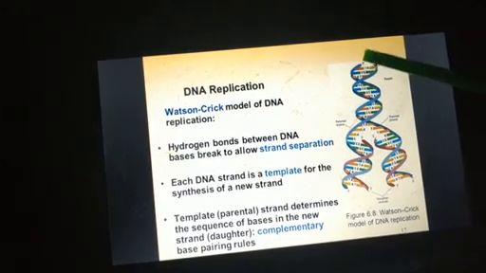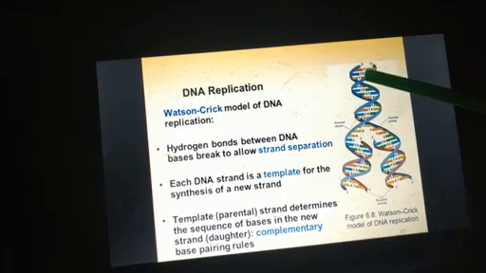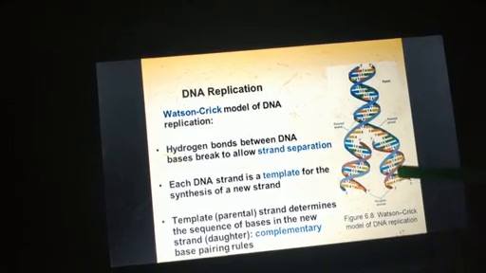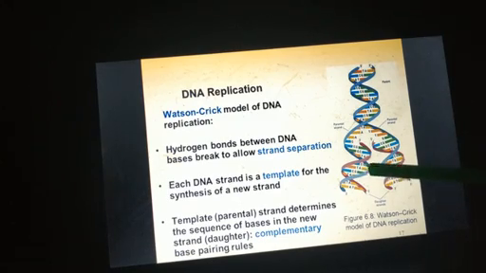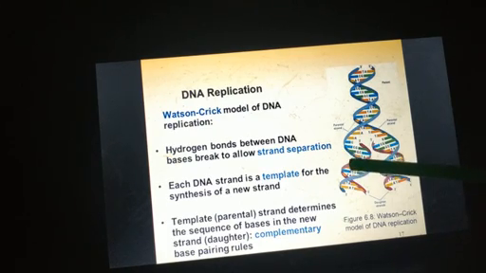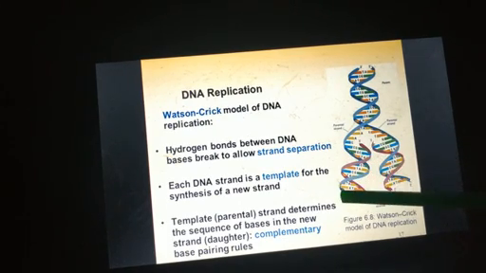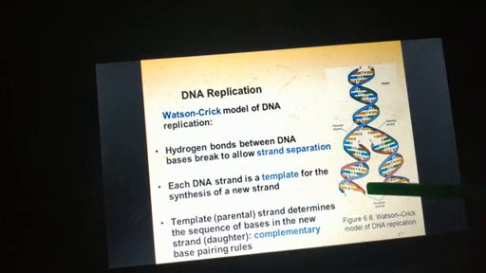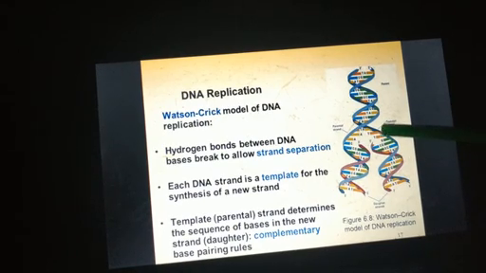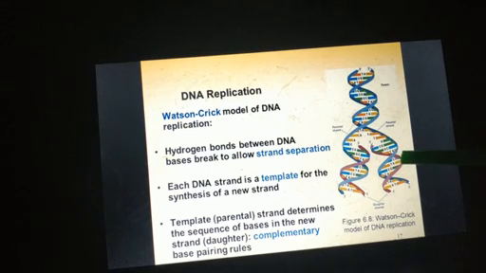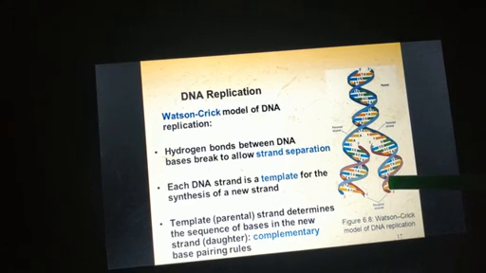Now from one parental DNA I am getting two daughter complexes, isn't it? And each of these complexes contains one parental strand, this one is the parental strand, and one newly synthesized daughter strand. Here also out of the two strands, one is parental, which is present from before, and another one is newly synthesized, that is the daughter strand.